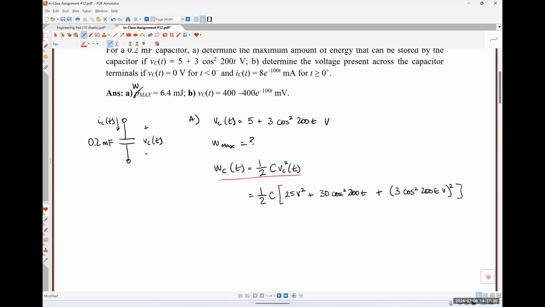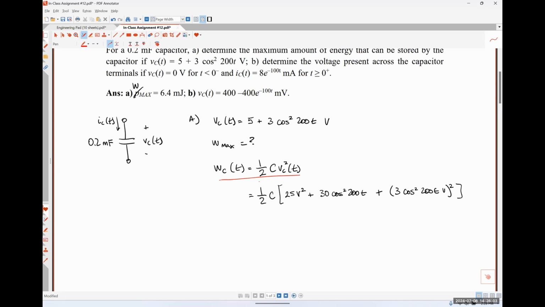So since our energy is proportional to our voltage squared, I believe it stands to reason that our maximum energy is going to occur whenever our voltage is either at its maximum value or its minimum value. And I say that because we have a square function. If it weren't squared, we would just say if the voltage were at its maximum value, the energy would probably be at its maximum value.